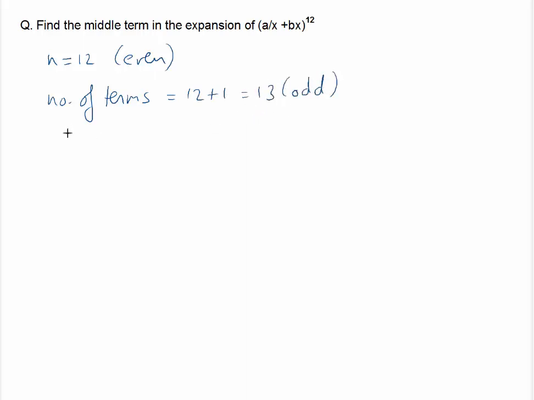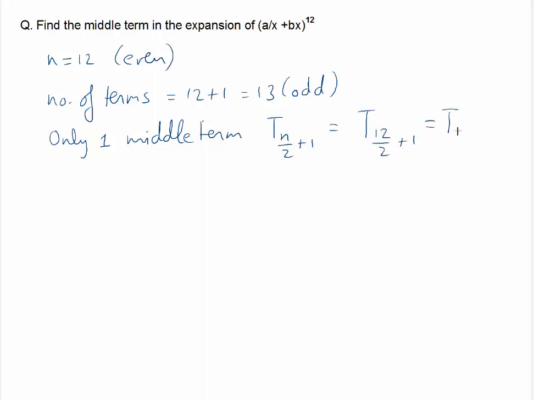So clearly there would be only one middle term. That would be t(n/2 + 1), so that would be t(12/2 + 1), or t(6+1), meaning the seventh term.